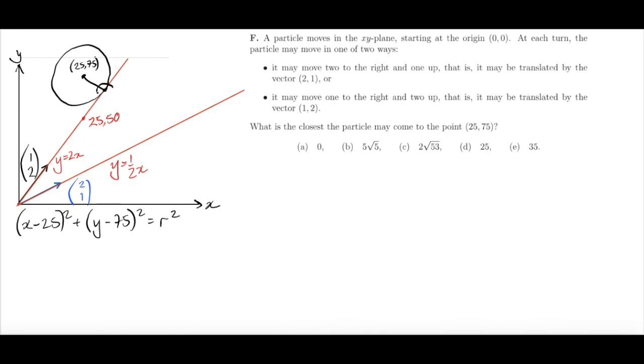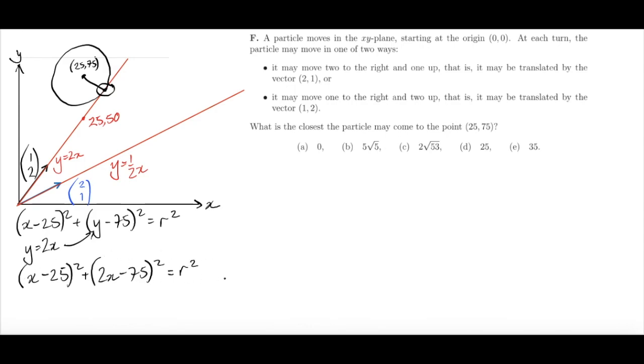But at this point the circle meets the straight line y equals 2x. So these y values will be the same, and we can plug this y in, giving us (x minus 25) squared plus (2x minus 75) squared equals r squared.